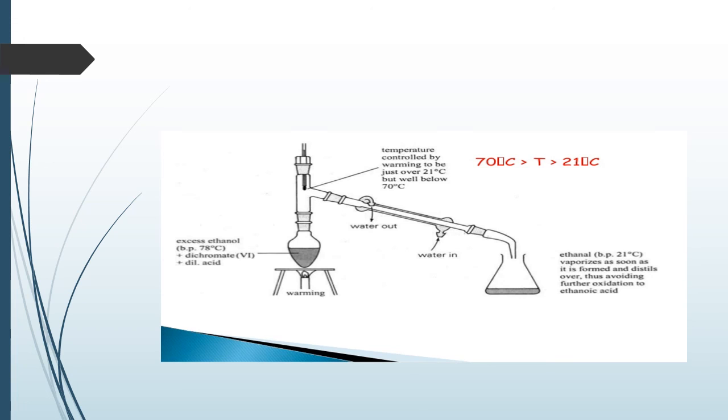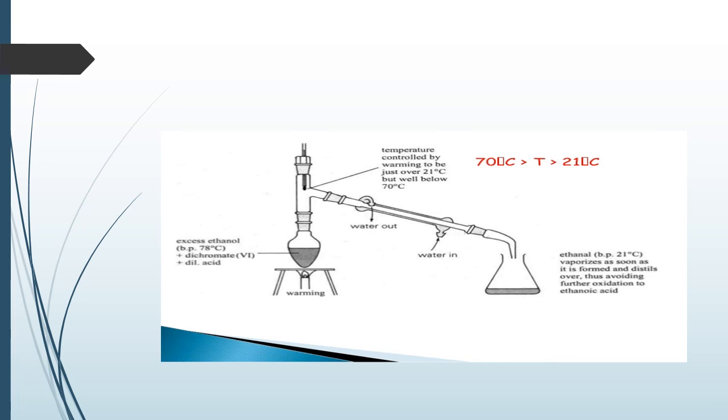In this round bottom flask, a mixture of ethyl alcohol and sodium dichromate solution, which is used as an oxidizing agent, and sulfuric acid is run and boiled, right? Immediately acetaldehyde is formed, and it is formed as a liquid, collected in the receiving flask and distilled.